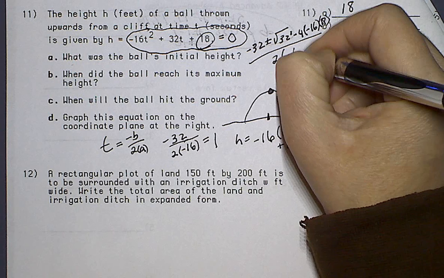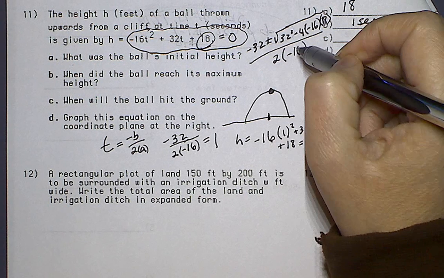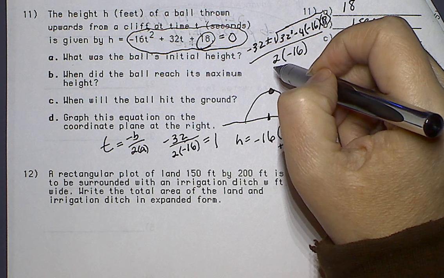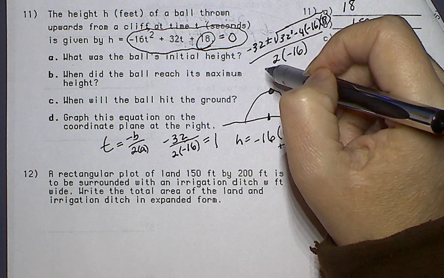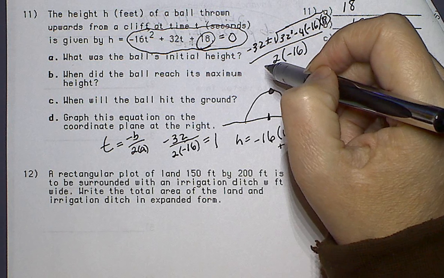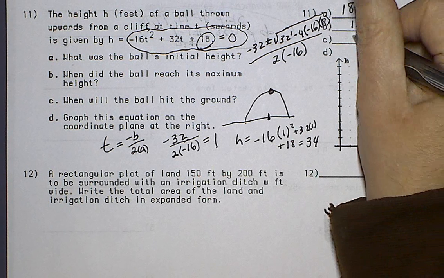If you put this into your calculator, you'll get a positive and a negative number, and you can only have the positive number, because you can't have a negative time. So you should get approximately 2.5 seconds.